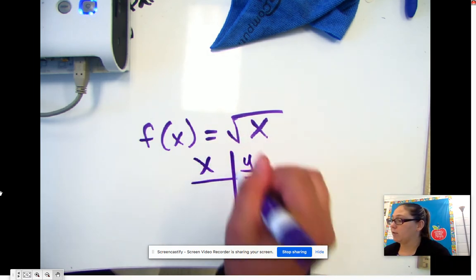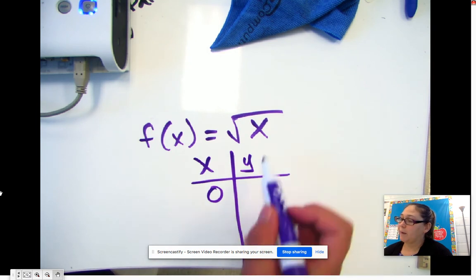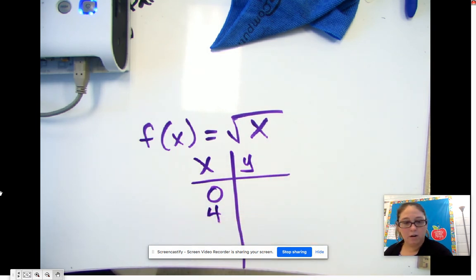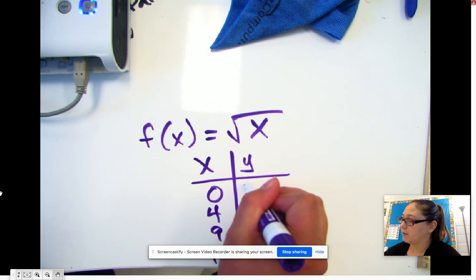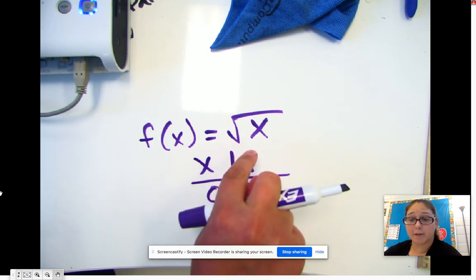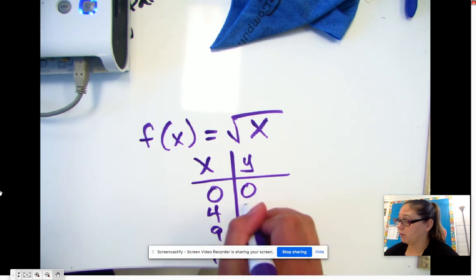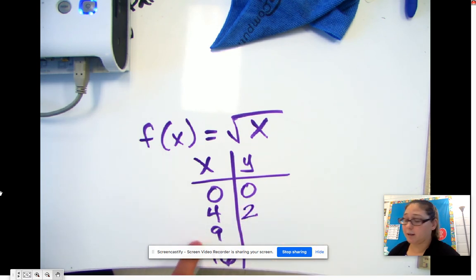Okay, so I can use 0, and then I would use some pretty ones. I would personally use 4 and 9 and 16, okay? And the reason for that is the square root of 0 is 0, but the square root of 4 is 2, the square root of 9 is 3, and the square root of 16 is 4, okay?